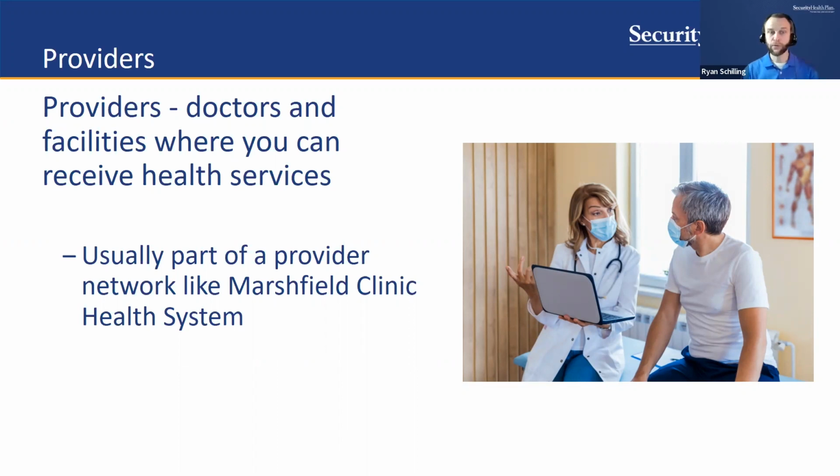So for instance, a provider network would be like the Marshfield Clinic Health System. And within the system, there are the doctor providers, the physicians, but there's also the different locations. There's Marshfield and Stevens Point and Wausau and the different buildings there. So provider could refer to either of those things.